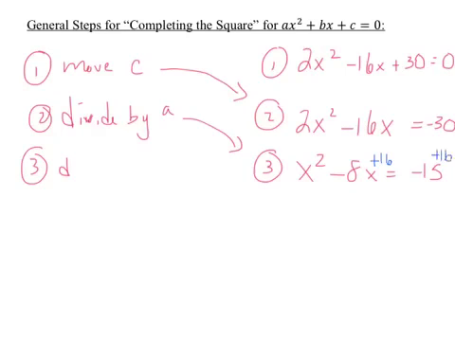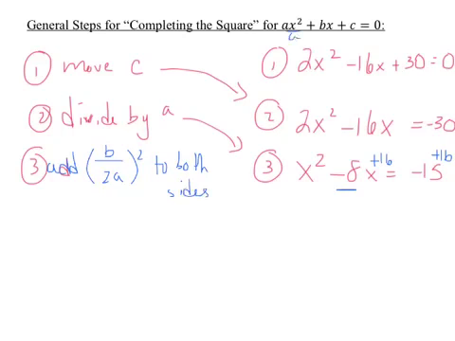And what that does for us, again, is we're going to add whatever this quantity is right here, which in this case happens to be b over 2a, that quantity squared, to both sides. Where did I get the b over 2a? Well, take a look here.